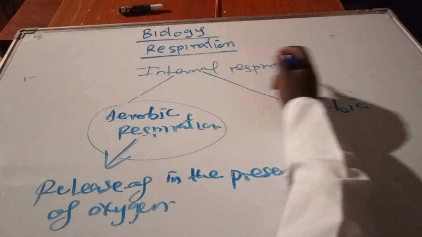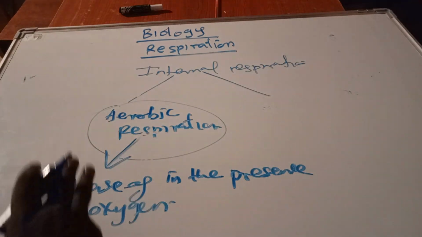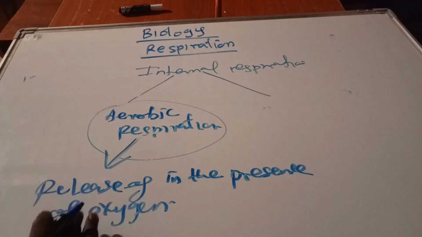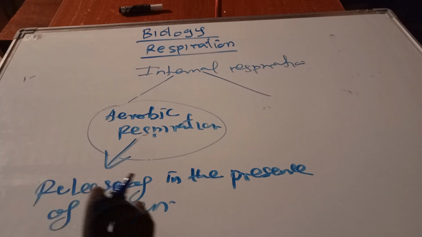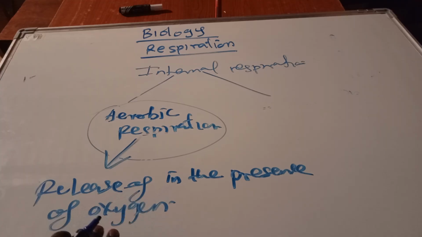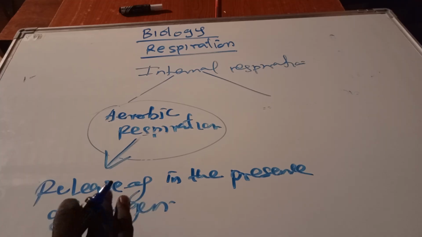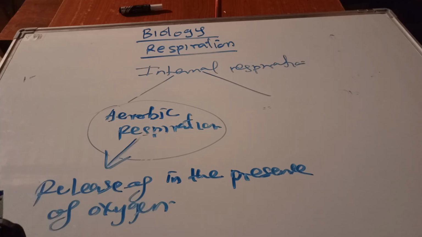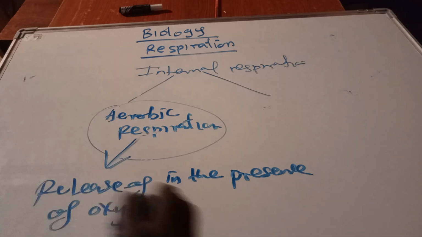So I'll start with aerobic respiration here. Aerobic respiration is the type of respiration that releases energy from the food substance in a living cell in the presence of oxygen, which means oxygen must be present.